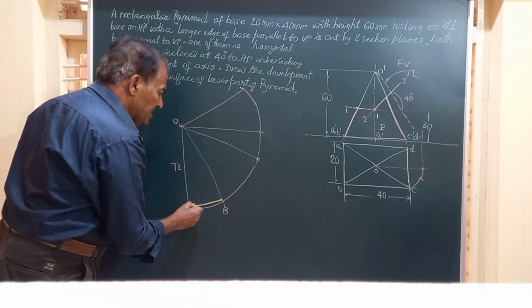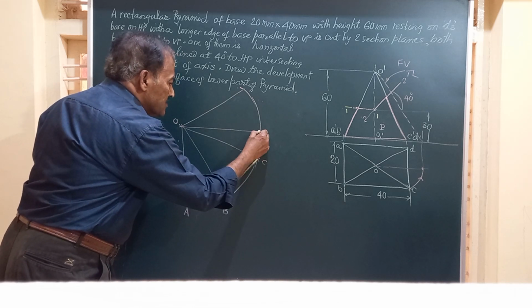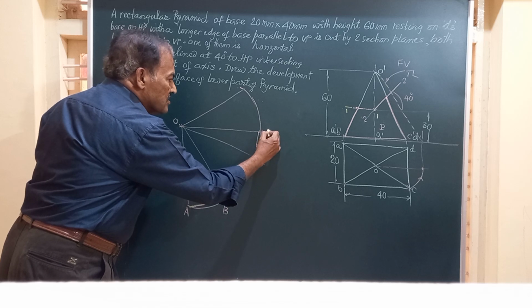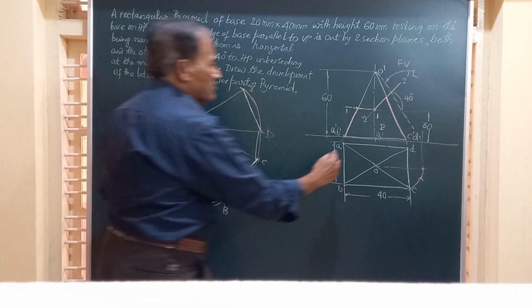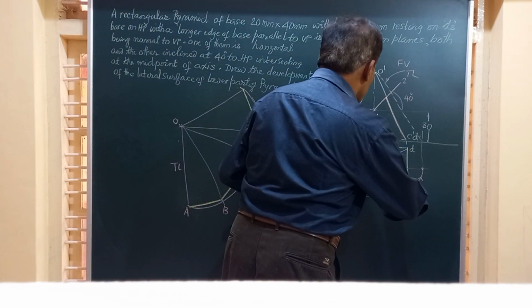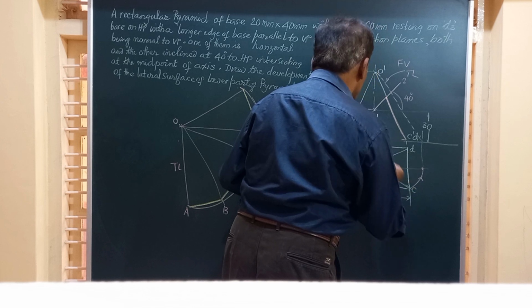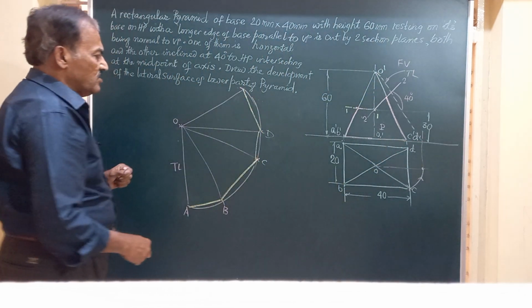So I will write down A to B, B to C, C to D, and D to A. I have shown all this by visible lines because we do not have the section planes cutting them. So none of the section planes touch the base. This is the base of the solid.